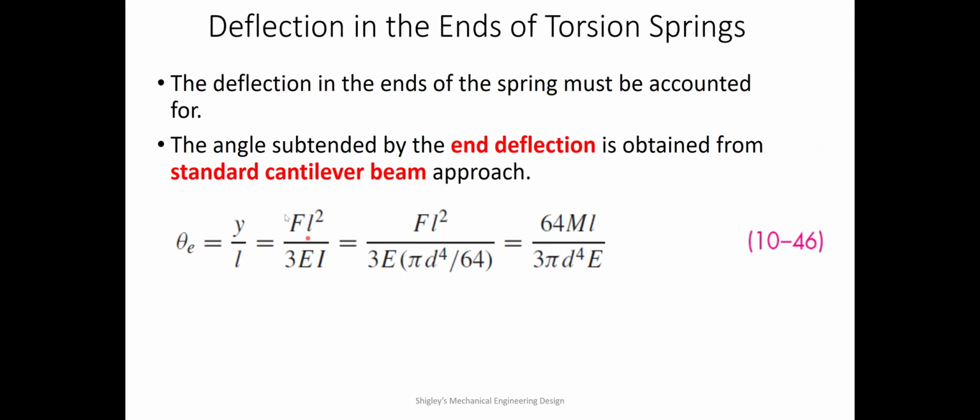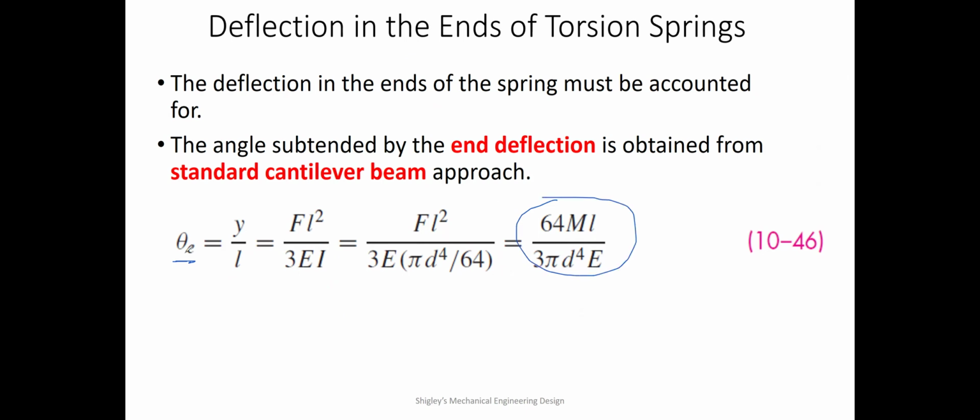Theta E will equal FL squared divided by 3EI, and because it's a round cross section, I equals pi d to the power 4 divided by 64. Then we get theta E equals this term.